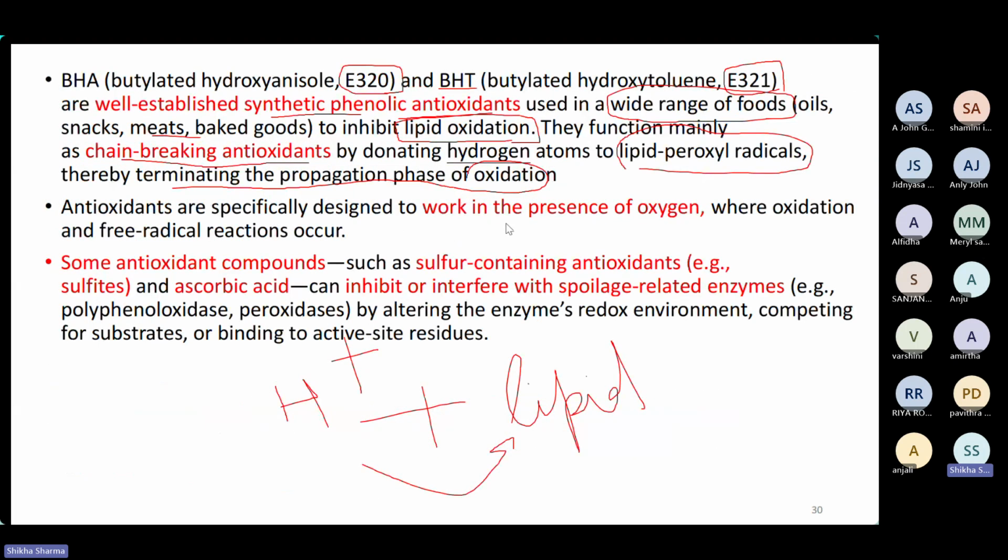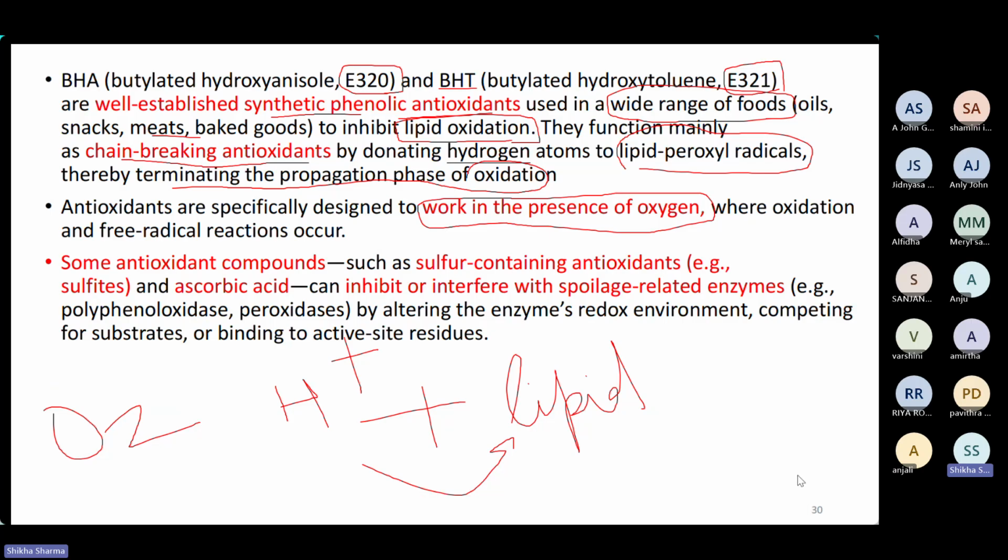Antioxidants are designed to work in an environment that has oxygen. If there is no oxygen, there will be no oxidation process, so why would we use antioxidants?